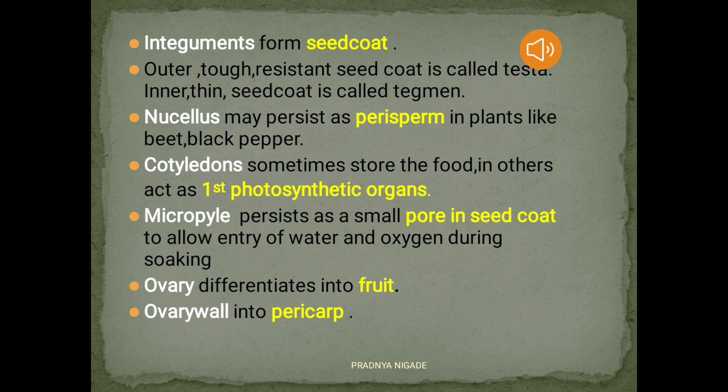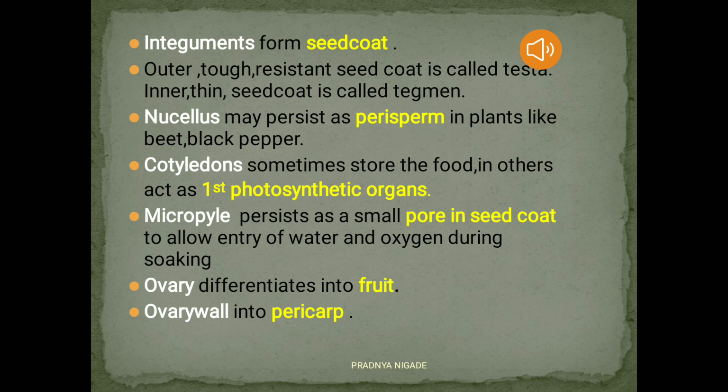Now, let's see what is the future of each part in the embryo into the seed. Let's start with the integuments. The integuments of the fertilized ovule persist and get transformed into the seed coat of the mature seed.